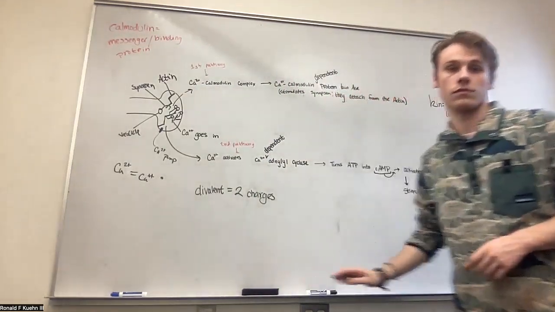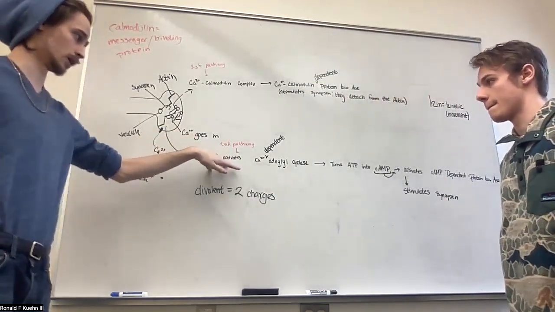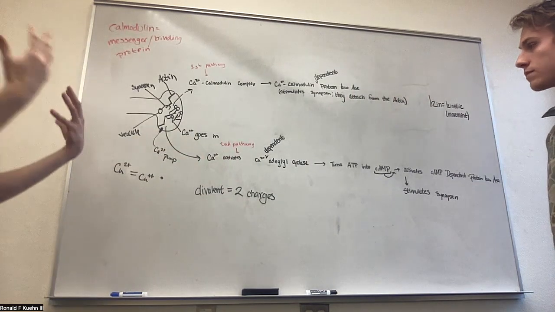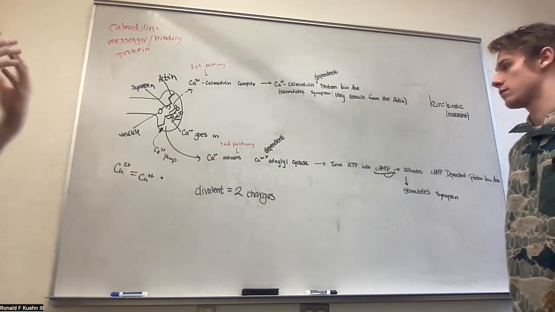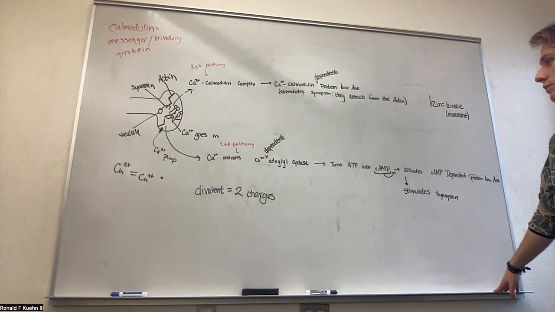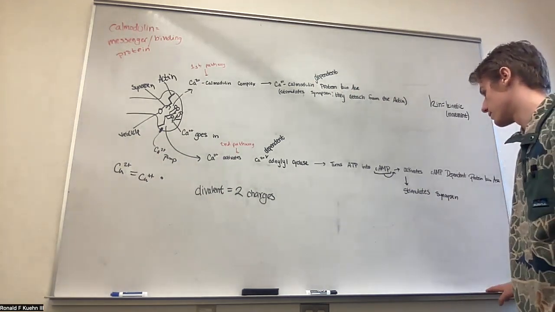Think of adenyl cyclase as more this other second pathway, calcium dependent adenyl cyclase, which basically turns ATP into cAMP. So there are two different paths that it could take.